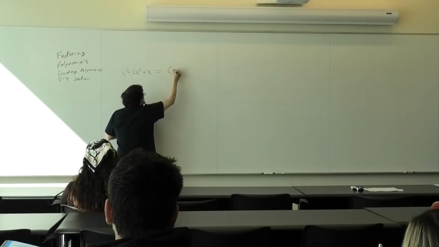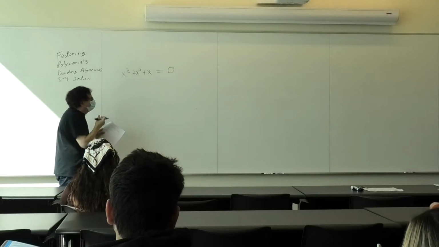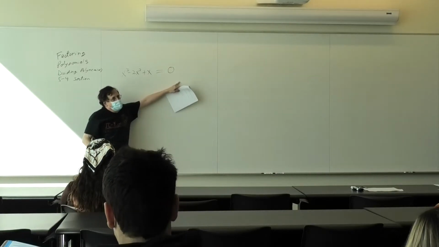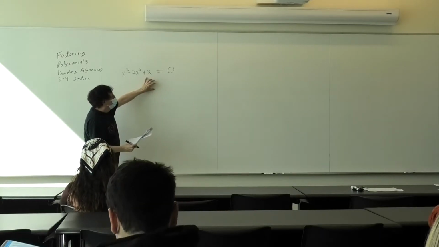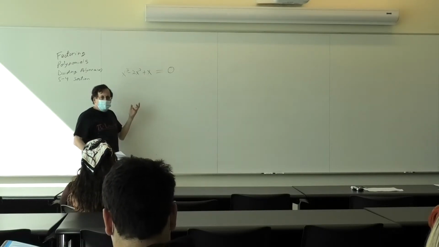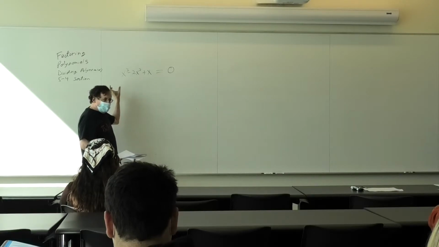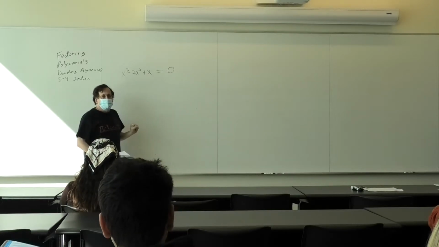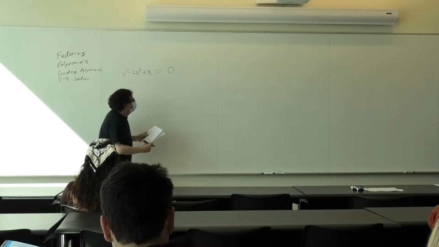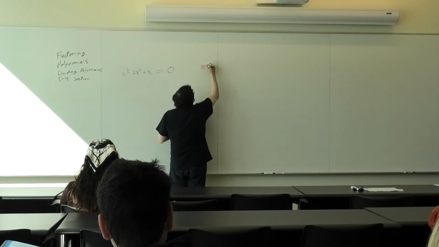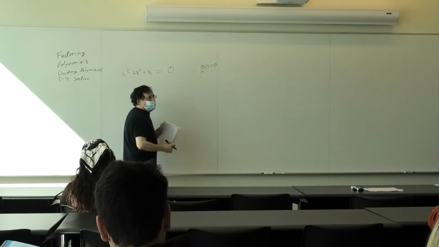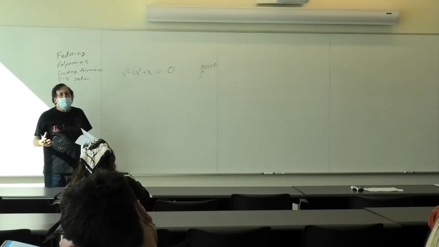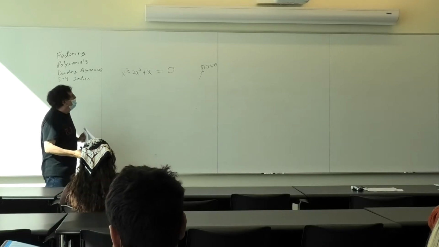And I have a polynomial equation where this is equal to 0. I know that if I can find factors, solutions will be found by setting those factors to 0. Because when you multiply two things together and get 0, at least one of them has to be 0.